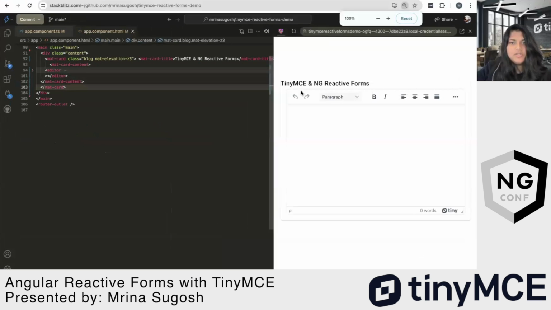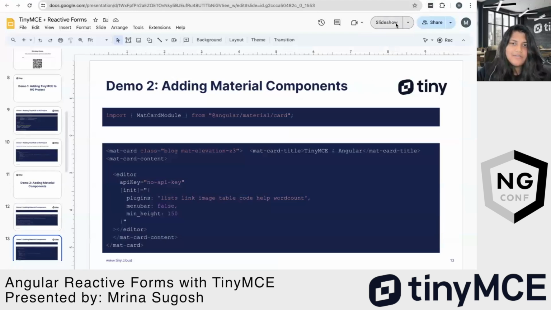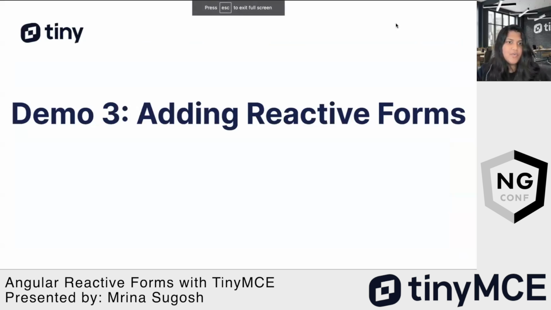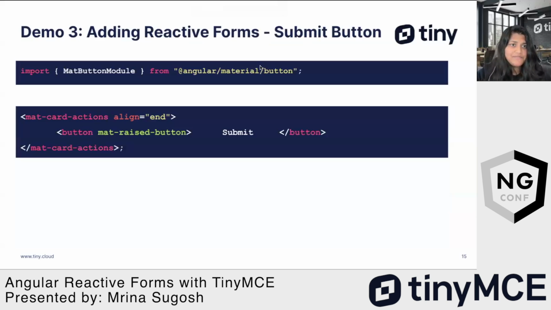I'll zoom back out just to show you how it looks. Once that has happened, we've started to make the UI look a little like what we want the forms to look like. And that was kind of the whole purpose of adding material components to it. Just a quick intro. Now, finally, I'm going to talk about adding reactive forms.